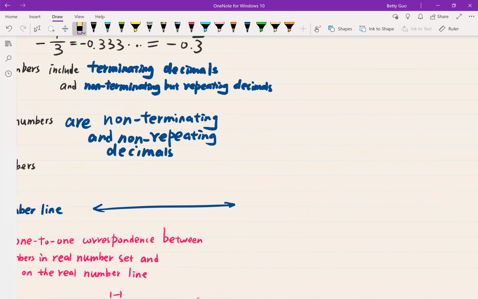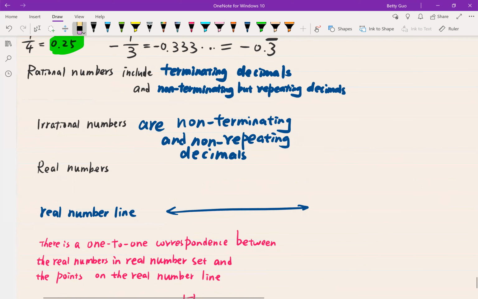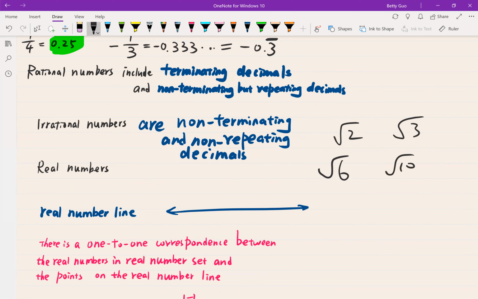Besides those two irrational numbers, root 2, root 3, root 6, root 10, and negative root 17. So those square roots, or even cube roots, those radicals are also irrational numbers.